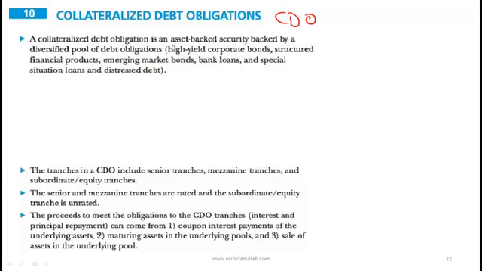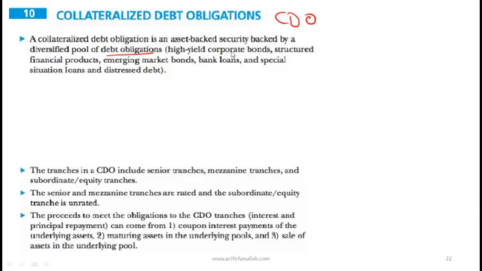So a CDO is an asset-backed security backed by a diversified pool of debt obligations. So what do we mean by debt obligations? Are these debt obligations assets for the issuer of a CDO? They are. Debt obligations essentially means various kinds of fixed income instruments. So what are the sorts of debt obligations that will serve as your collateral for a CDO?